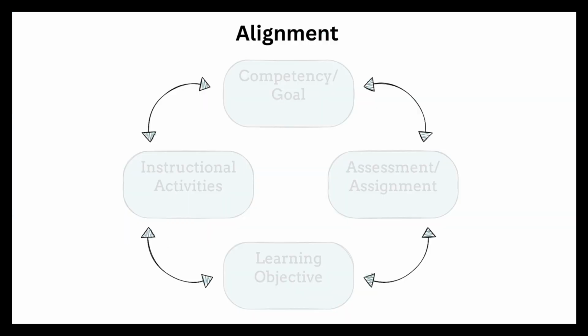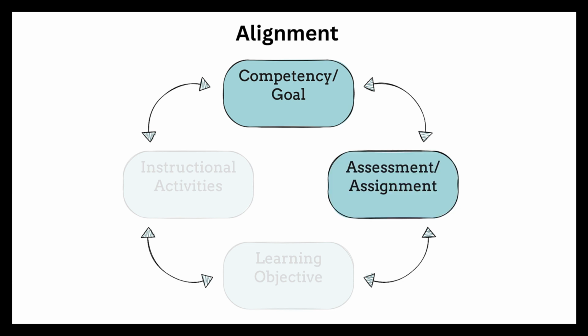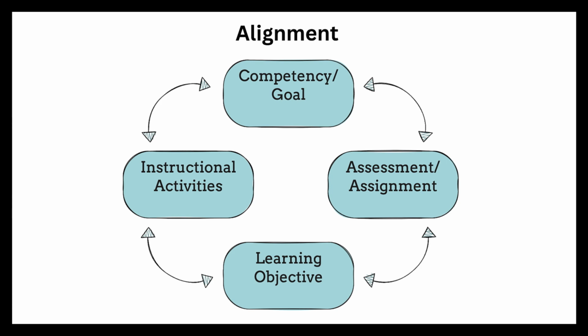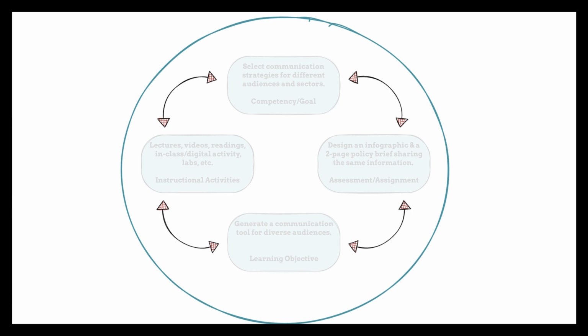I just mentioned aligning my objective with the assessment to measure student learning. It is also important to remember that you need to align the competency to the assessment or assignment, to the learning objective, and to those instructional activities to help you bolster your student success. Here is an example of an alignment.